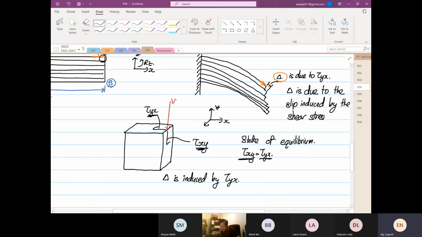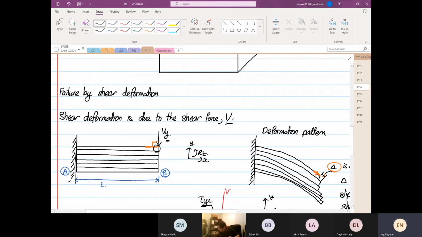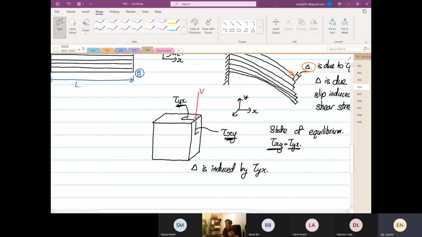That is why we classify this as shear failure. Interesting, isn't it? You say, Eugene, isn't this perpendicular? Are we talking about normal stress and shear stress? If I draw it into an element, you realize that yes, this is shear stress.